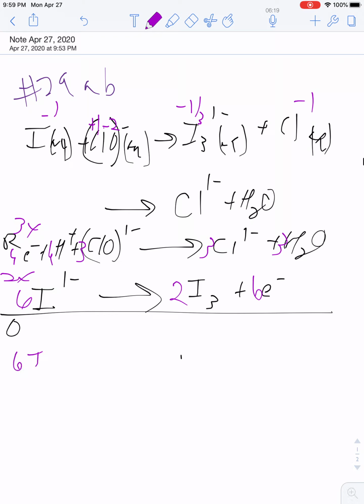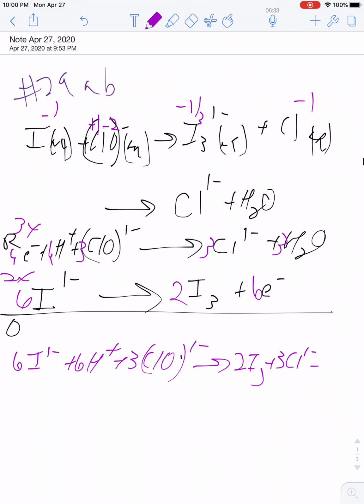We have 6 iodides plus 6 H pluses plus 3 hypochlorites. Give me 2 of those. Plus 3 chlorides plus 3 waters. Okay? So the charges balance on each side, and it's balanced in acid because H plus is an acid. That's all it means by balanced in acid, that you have H pluses.